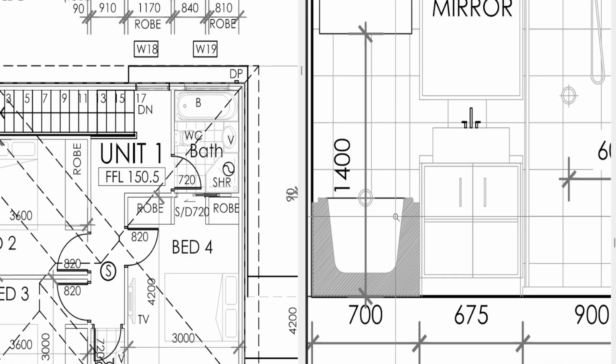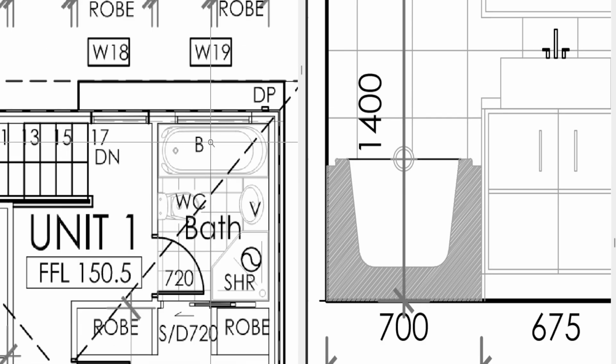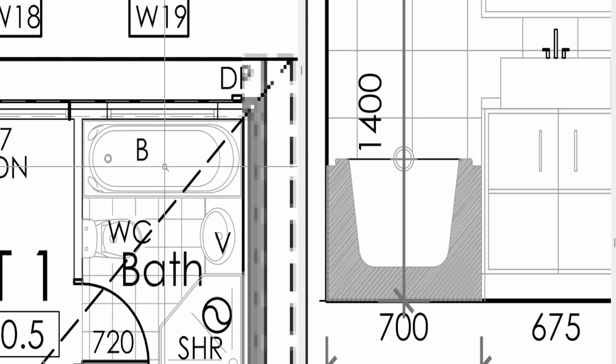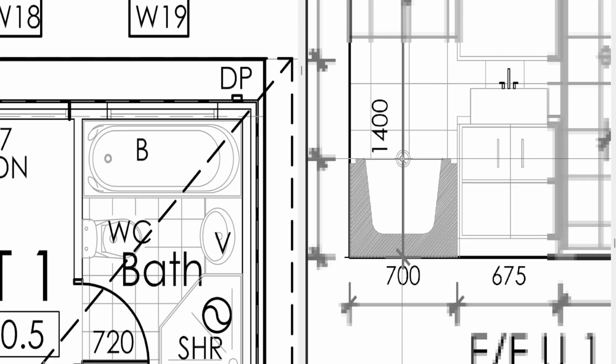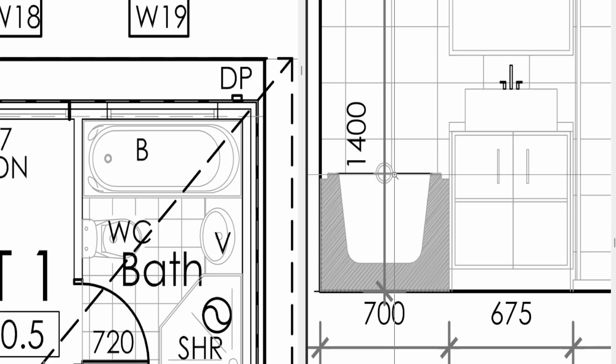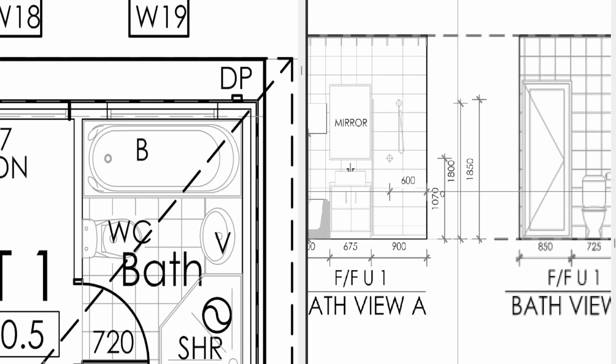There's one more thing mentioned here, in this area where the bathtub comes. This area also has one wall inset mixer. This sign shows this thing.